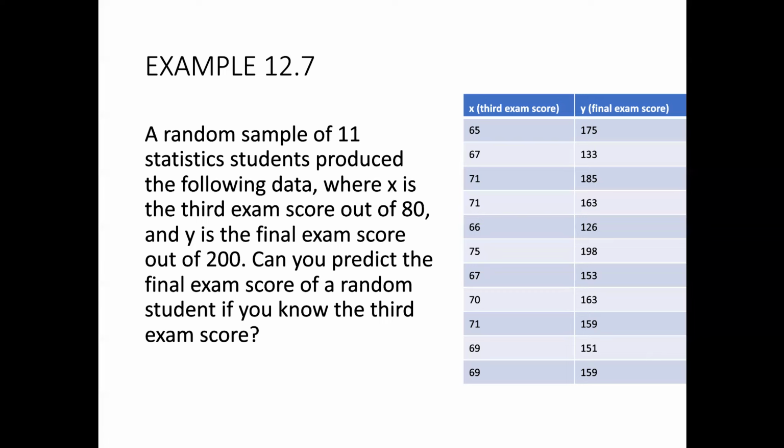If I were to be conducting a test to test the strength of this linear relationship, I can do a beta test or a test on rho. So that is the Greek letter beta. That's the Greek letter rho. It looks like a P, but it's rho. So I could do that, which we will do in a little bit.